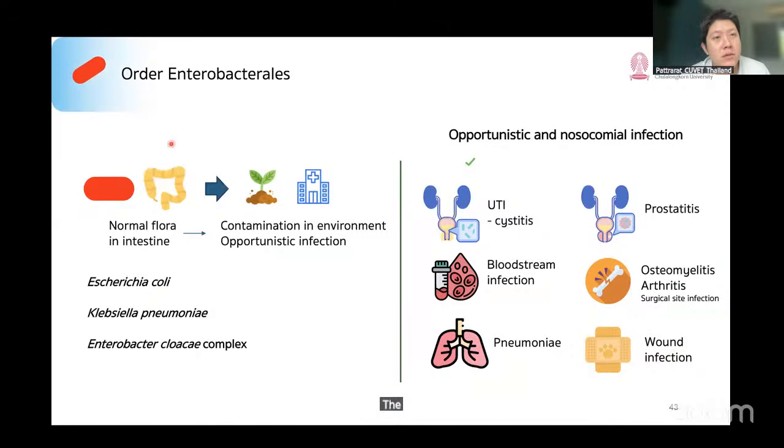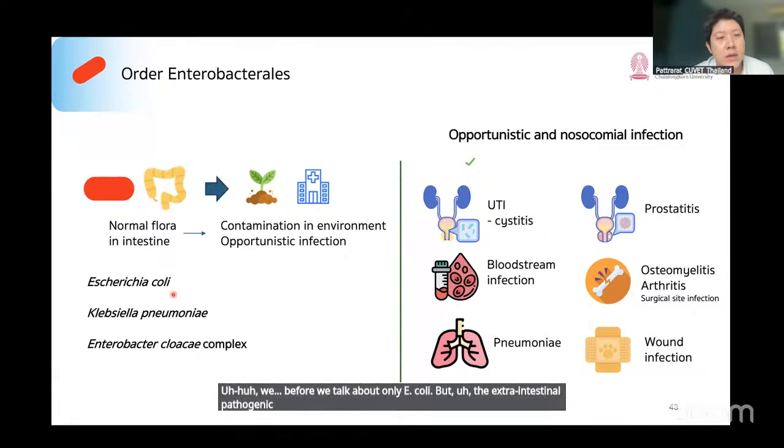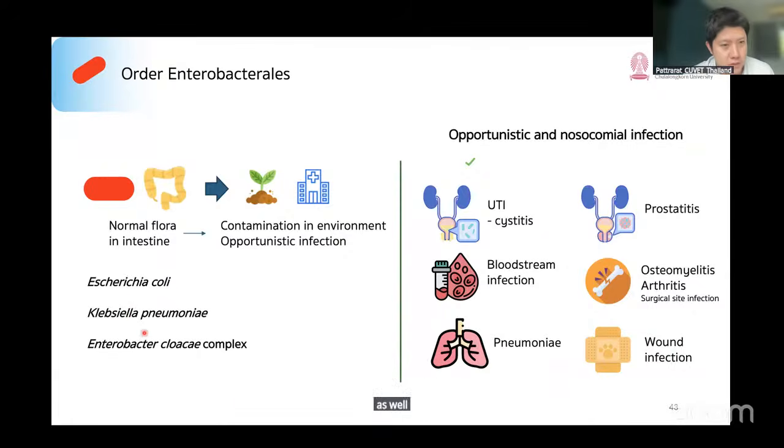Among the Enterobacterales, before we talked only about E. coli, but the extra-intestinal pathogenic E. coli, as well as Klebsiella pneumoniae and Enterobacter cloacae, are members of the ESKAPEE pathogens.